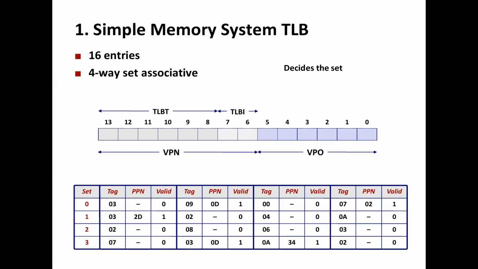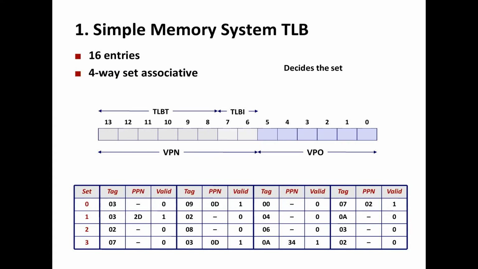The index determines the corresponding set in the TLB that you're going to modify. So with 2 bits, you have 4 sets, going from 0 to 3, and you choose the corresponding set. But in each set you effectively have 4 columns, so you keep 4 different tags for each set. In total you have 4 by 4, 16 entries.